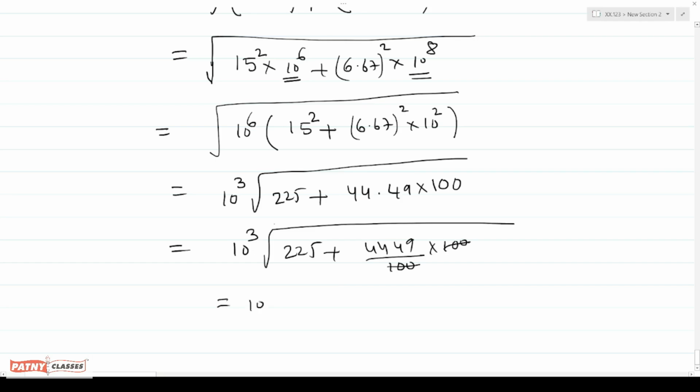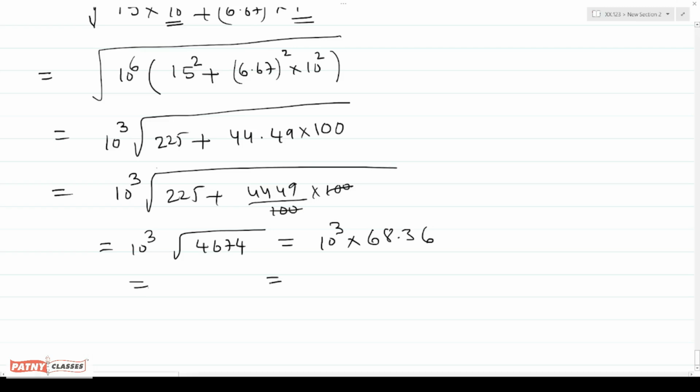So this becomes 10 raised to 3 and under root of 4674, this is equals to 10 raised to 3 into 68.36. So this is equals to 68.36 kilo ohms. That is the impedance of the circuit. Z equals to 68.36 kilo ohms.